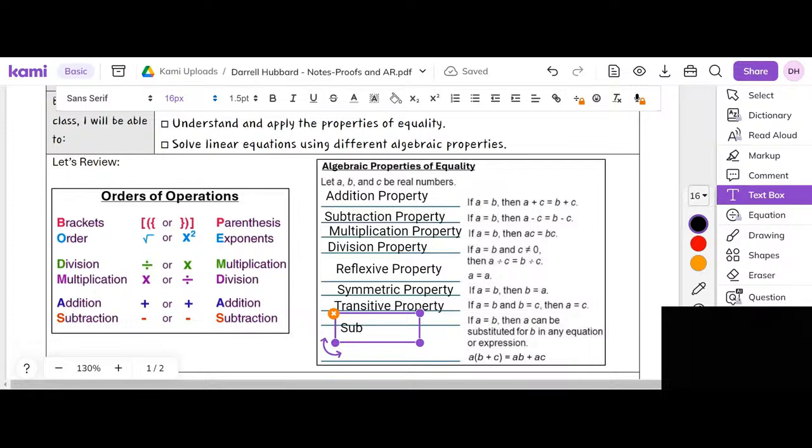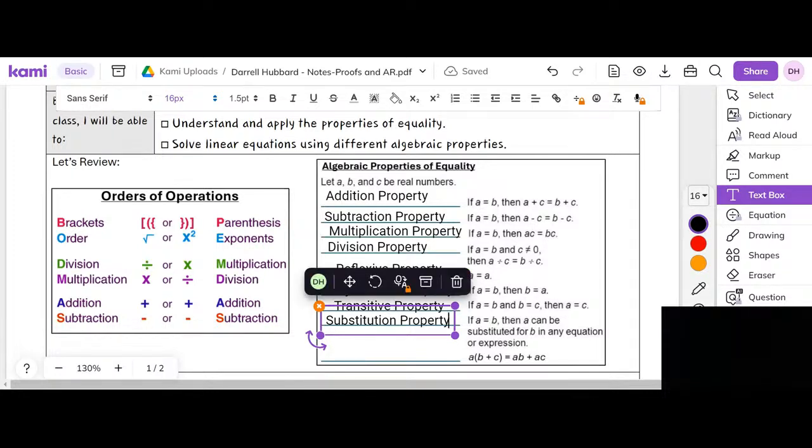This is really just talking about the substitution property. So if you have B is equal to A, in any expression that we have, we can plug B in for that expression.